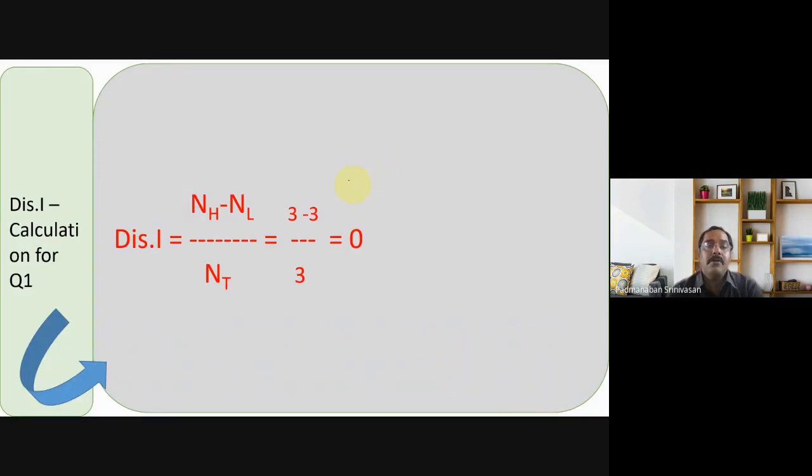So this is the calculation for question number 1. What next for us?